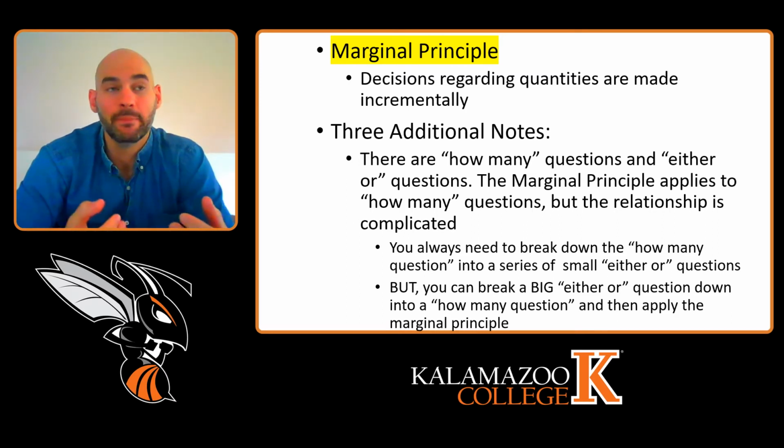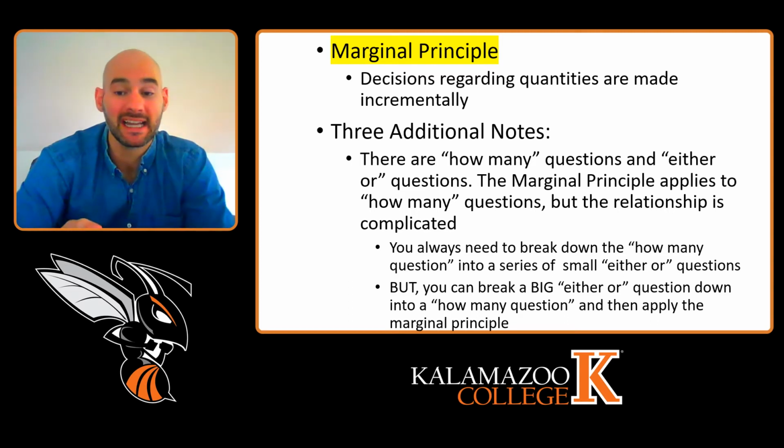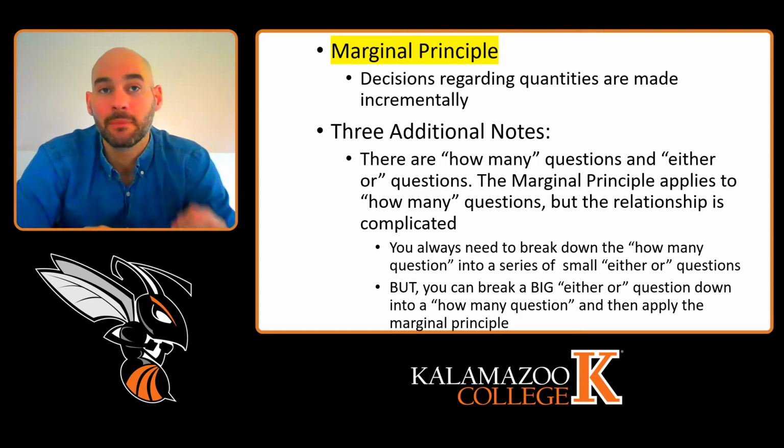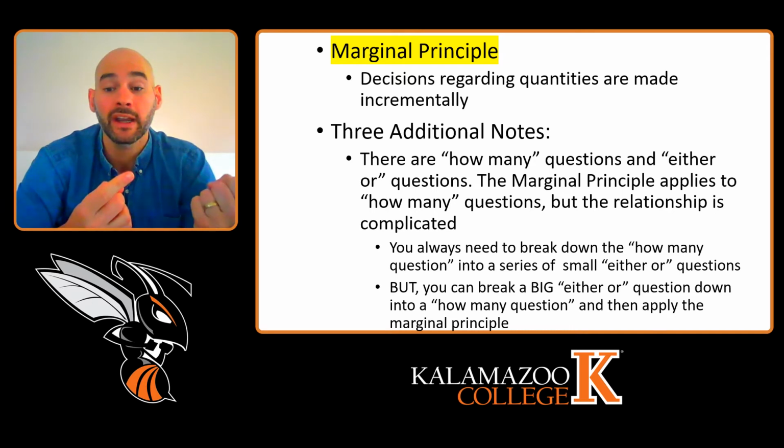We don't say, should I buy 7? Should I buy 6? Should I buy 5? We think about the decision about whether to buy a single pound of ground beef. We say, should I buy 0 or should I buy 1? Do the benefits of buying 1 outweigh the cost of buying 1? And once you make that decision, then you go incrementally a bit more.